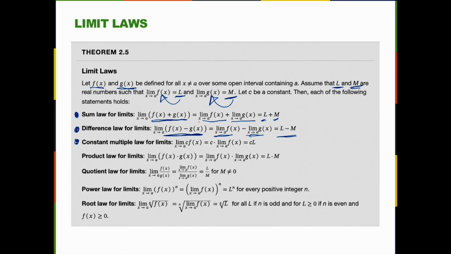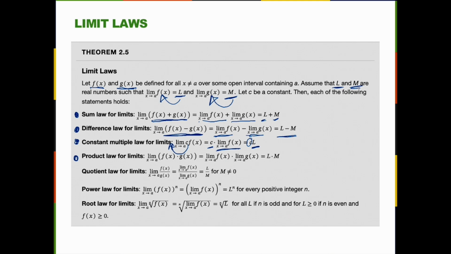Then we can leave the constant alone and pull it on the outside, find the limit, and then multiply that constant by whatever the limit is. So I can take this c out in front and find the limit of f of x, because I know that limit is L because we were told that in the beginning, and then take c and multiply it by L.